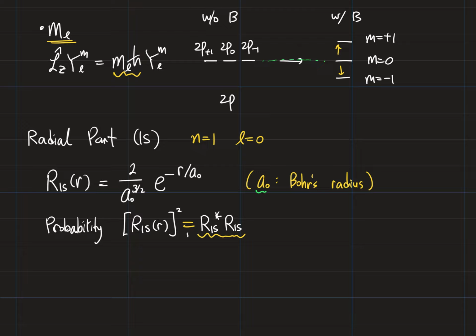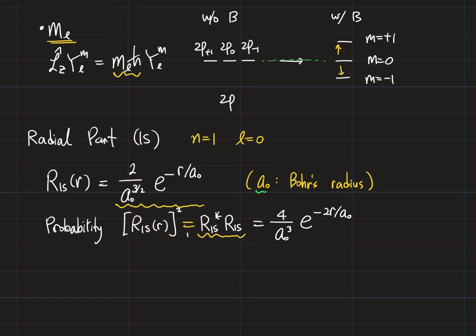But we are now discussing the real wave function, right? So there is no imaginary part here. So basically taking the square is exactly equal to the multiplication of original function and its complex conjugate. So if you take the square of R1s, then it should be 4 over a0 to the 3 and exponential minus 2r over a0.